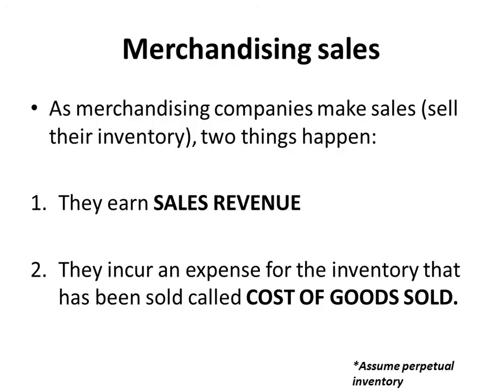So you can't expense something when the revenue hasn't been earned yet. The revenue is earned and you have to match the expense with the related revenue. So when you buy inventory, it's an asset until it is sold, then it becomes cost of goods sold. Okay?